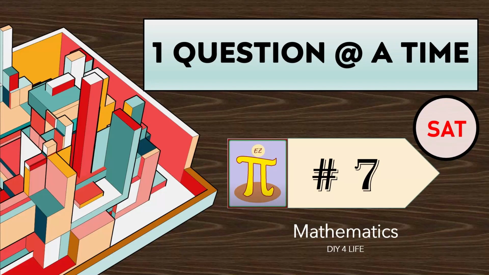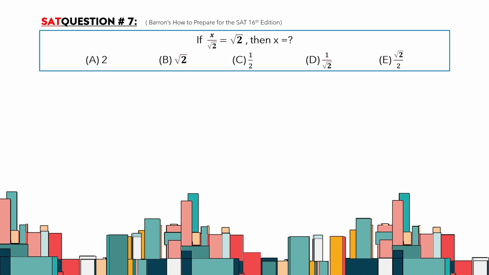Question number 7. If x over square root of 2 equals square root of 2, then x equals 2.